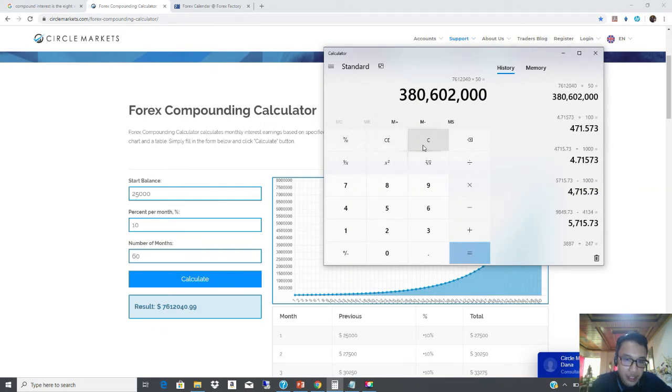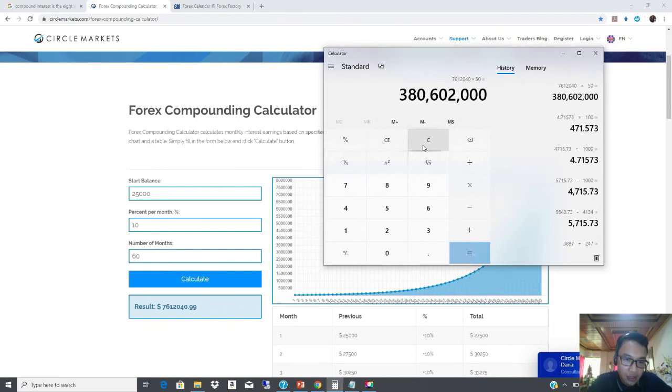The technique actually, even in other finances or other investment instruments, not just forex, is discipline. You've got to have discipline per month, not to trade aggressively and to add more savings to your account.